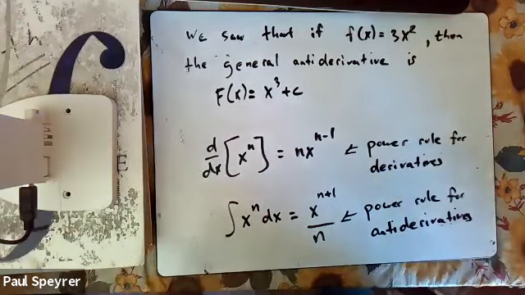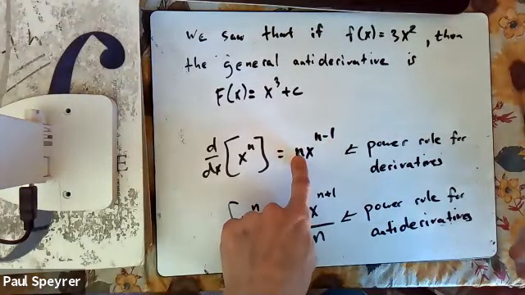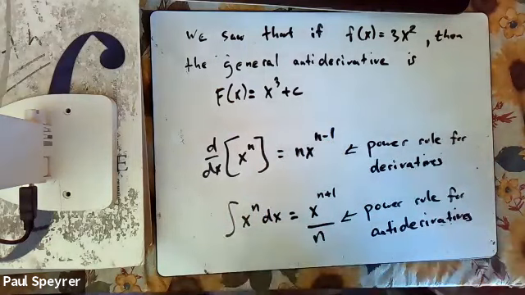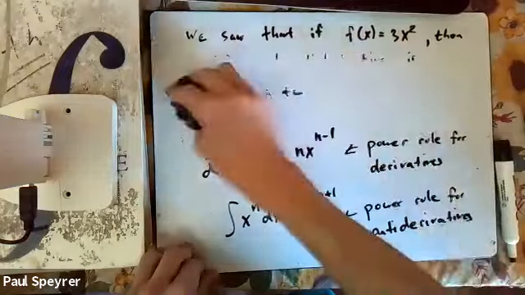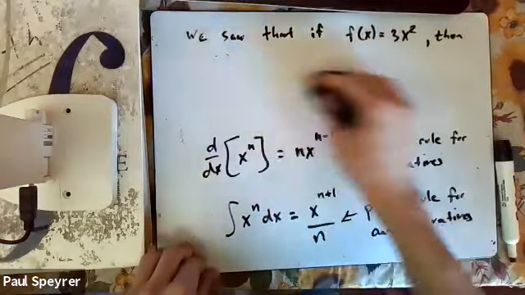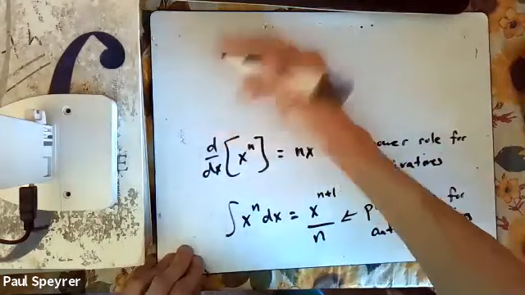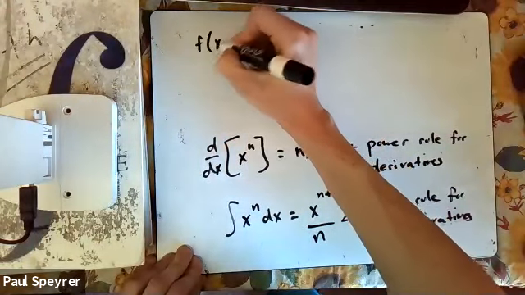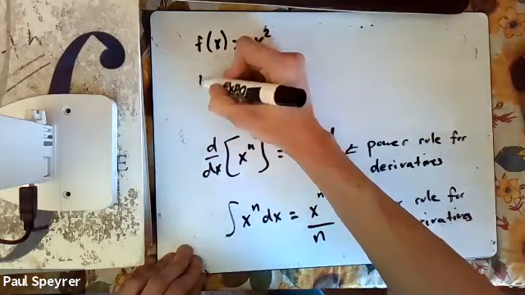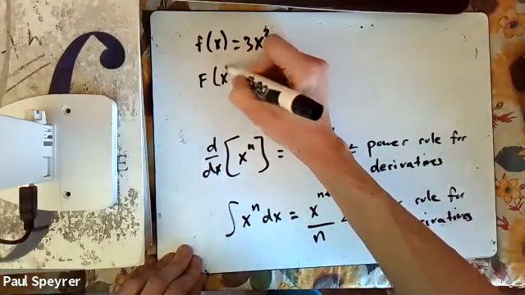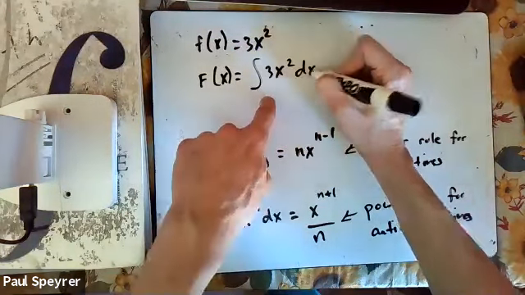So you literally are doing the reverse, right? Instead of subtracting, you're adding. Instead of multiplying by n, you're dividing by n. Does that hold true? Well, we can try it out with this. If f of x is 3x squared, if we wanted to find big F, we would be taking the antiderivative of this.